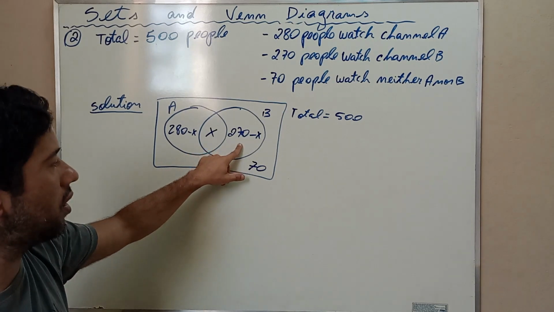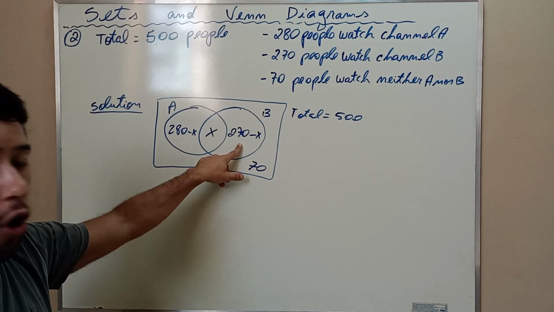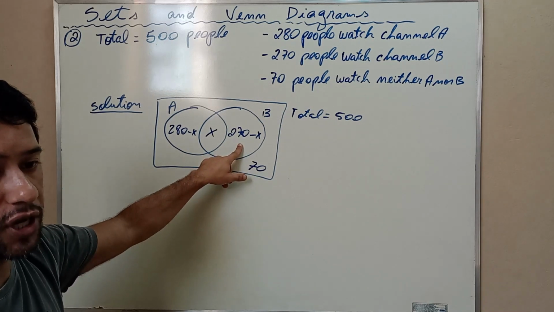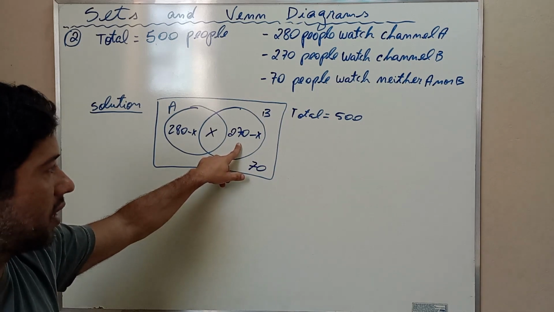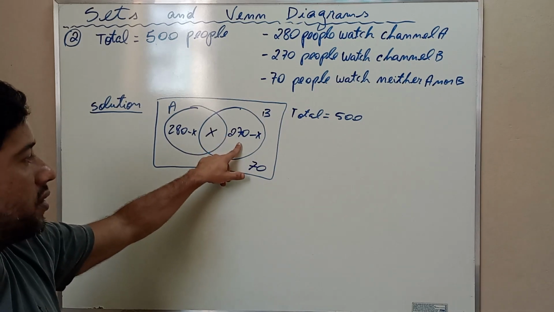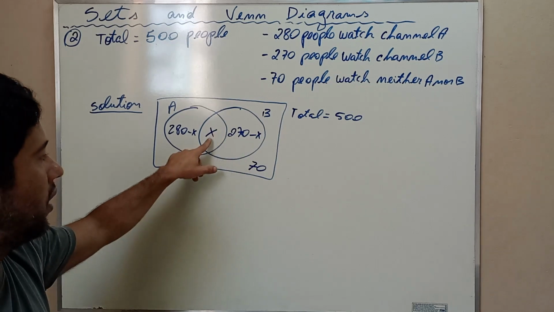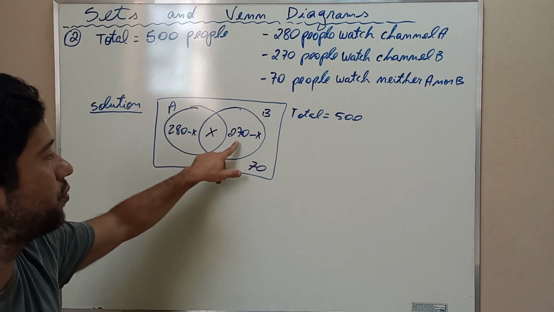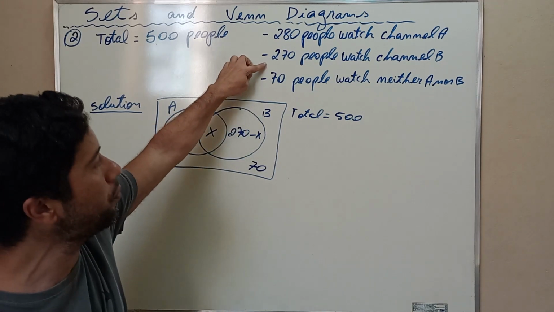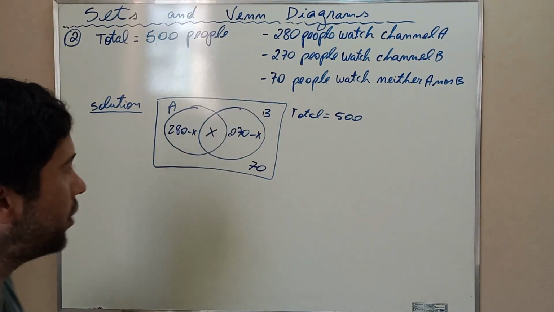If we want the number of people that watch only channel B, it is going to be 270 minus X. But 270 minus X plus X is 270, and as the exercise said, it is the number of people that watch only channel B, okay?